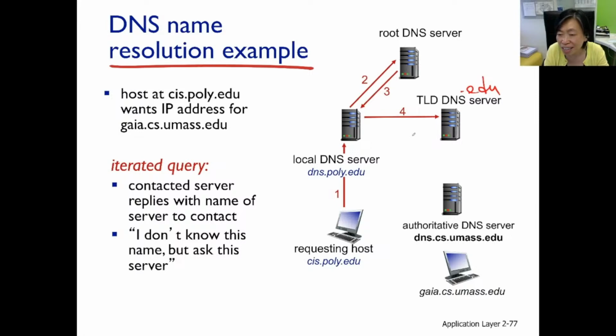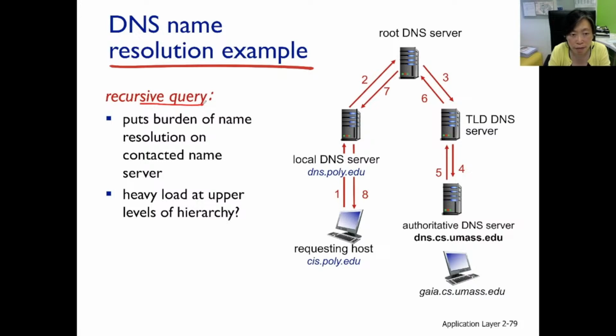The TLD DNS does not know the IP just yet, but the top level domain DNS does know the IP address of the authoritative DNS server, so that will be sent back. And the local DNS server sends the query the 3rd time to finally the authoritative DNS server. And finally, the IP address for Gaia.cs comes back to the local DNS server. The local DNS server forwards that back to the requesting client and is happy about it.